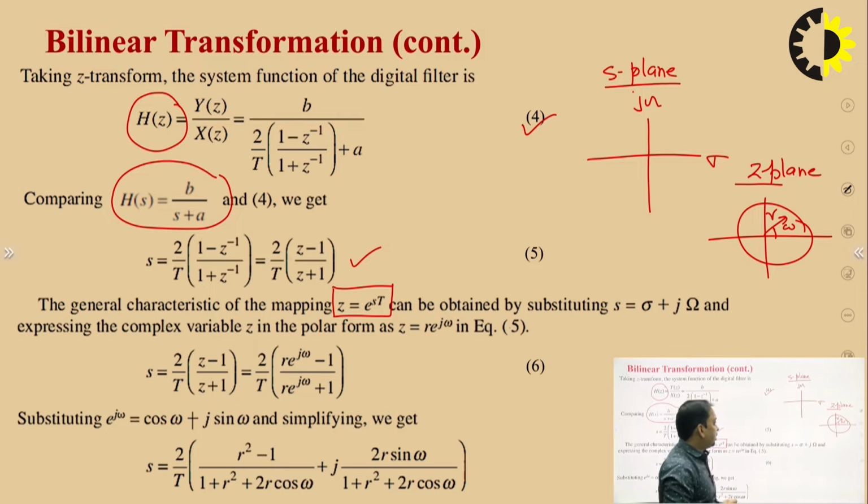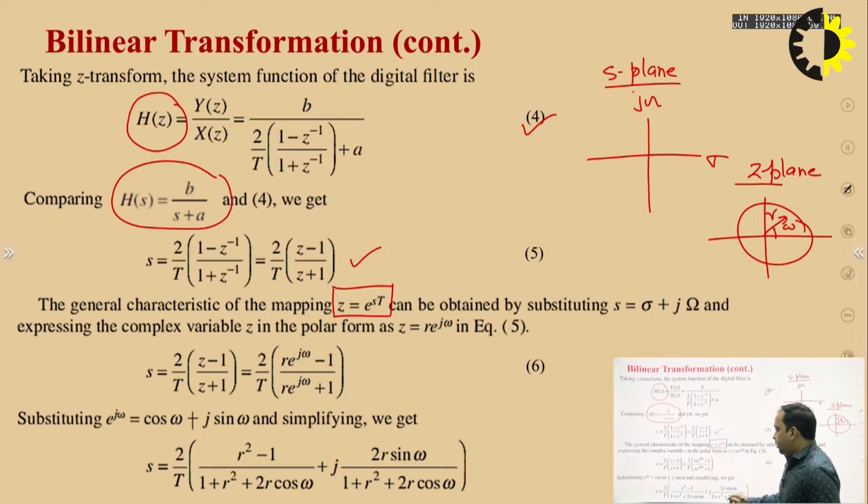By putting s = sigma + j omega and z = r e^(j omega) in equation number 5, we can say that S is in this particular format with some real part.